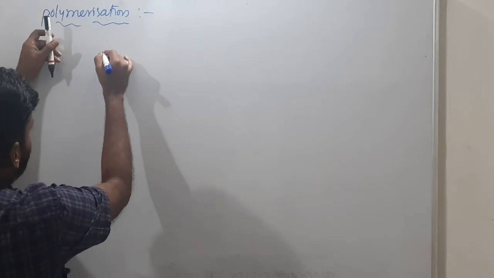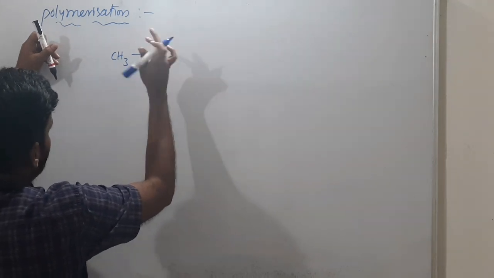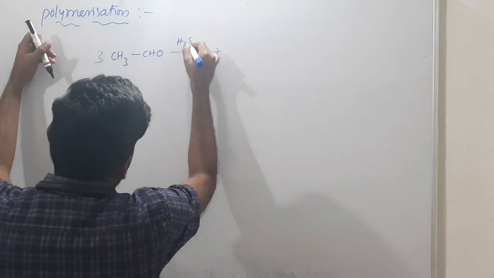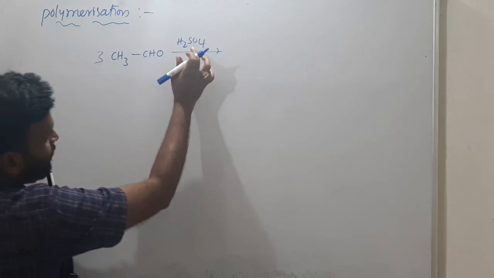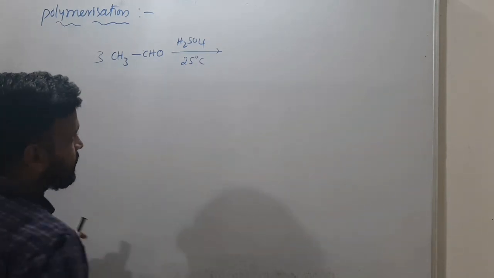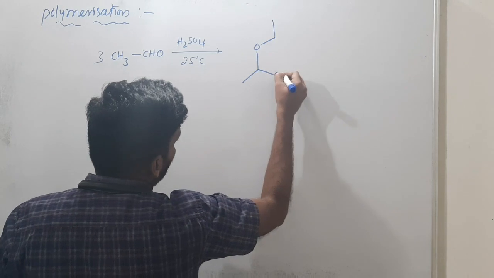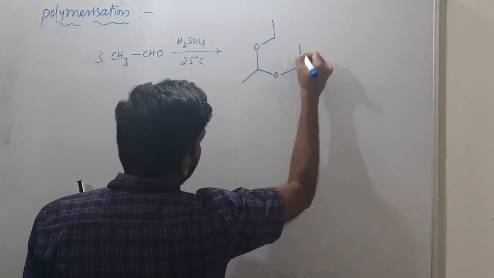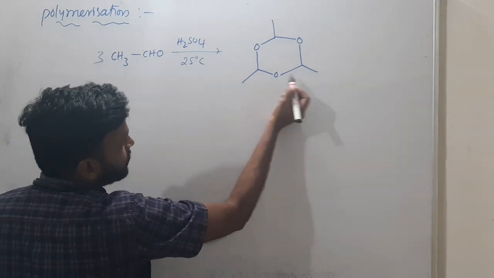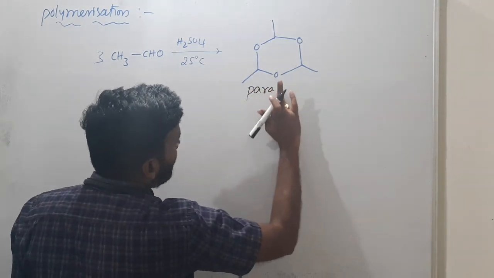If you take acetaldehyde, CH3 CH double bond O, 3 moles, and add sulfuric acid slowly, meaning acidic medium (HBr can also be used), an acidic medium is required, at room temperature, about 25 degrees Celsius, you will get a ring with CH3 CHO, CH3 CHO, CH3 CHO units. This is called paraldehyde.